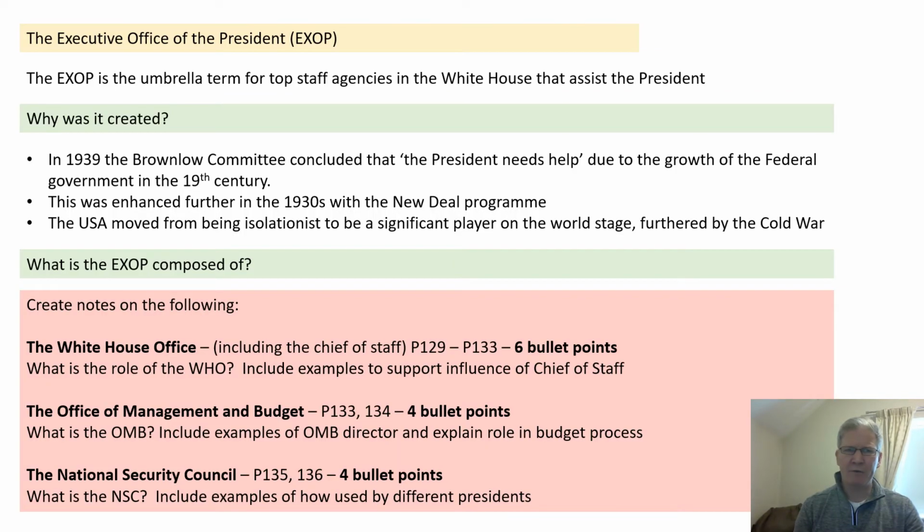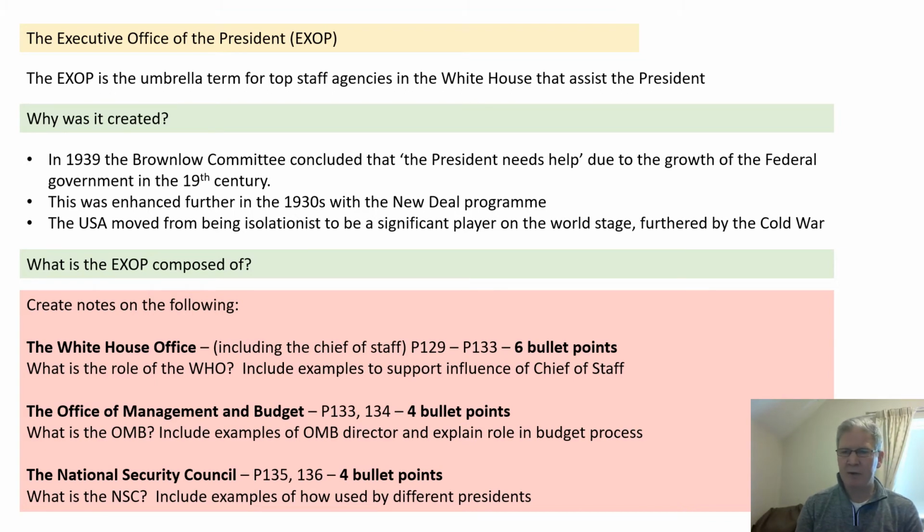So the executive office, what is it? Well, it's an umbrella term for the top agencies that the White House uses to assist the president. It emerged in 1939 after the Brownlow Committee concluded the president needs help. As a chief executive, a solitary figure, it was considered that even with a cabinet, there wasn't enough support for the president to be able to run a growing federal bureaucracy.